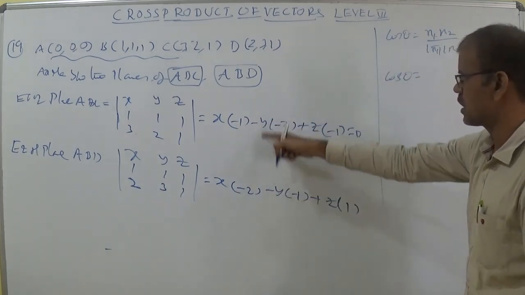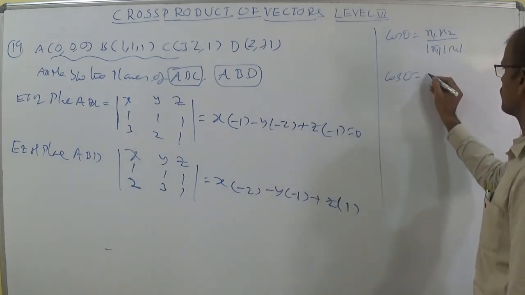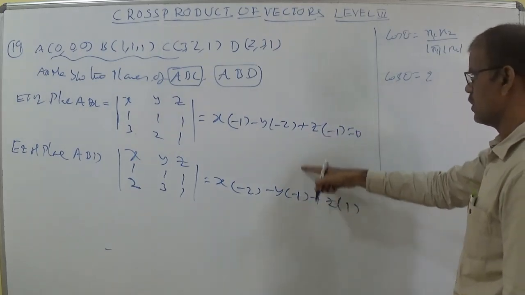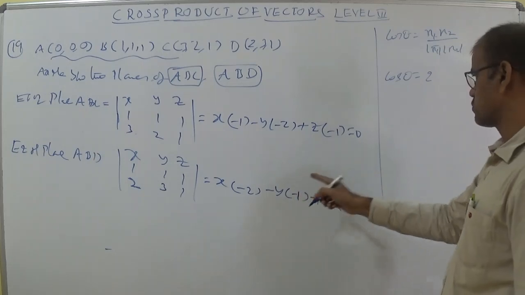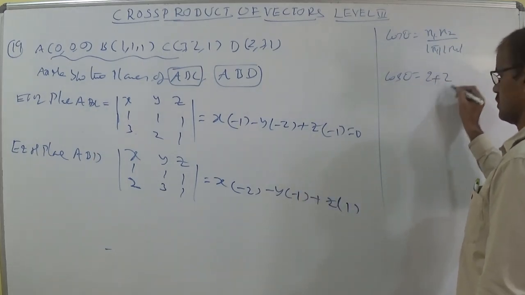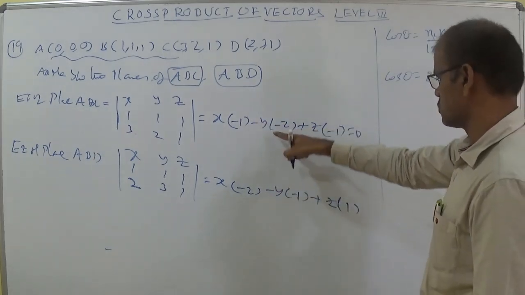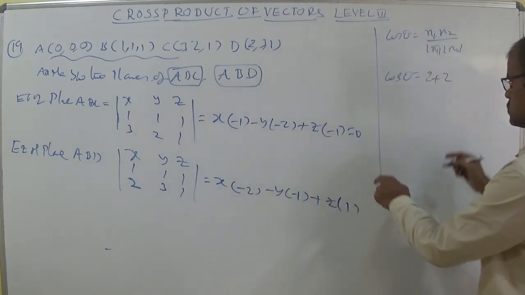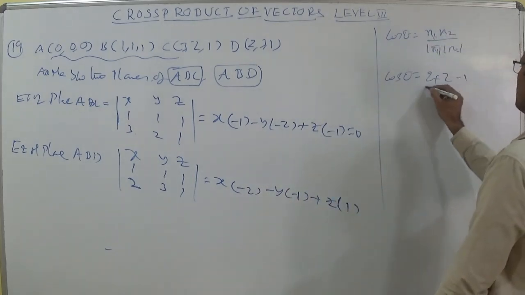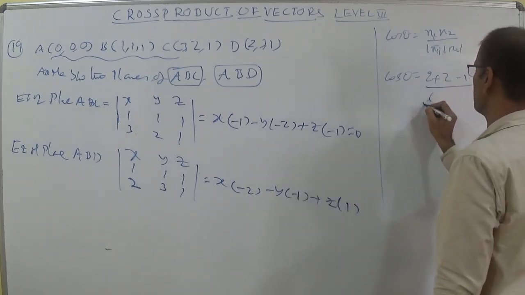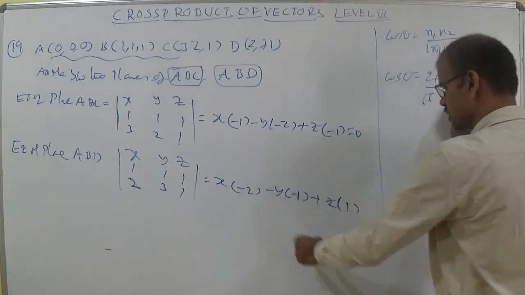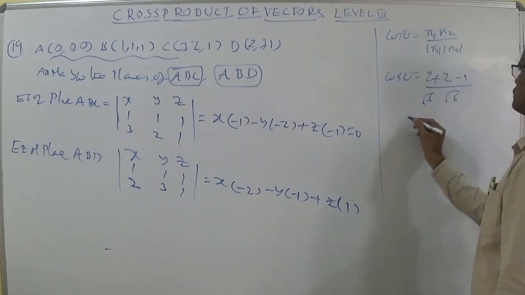So using the normal vectors, minus 1 into minus 2 is 2, next minus 2 into minus 1 is plus 2, plus 1 into 1, whole by the magnitudes: 1 plus 4 plus 1 is root 6, and 4 plus 1 plus 1 is root 6.